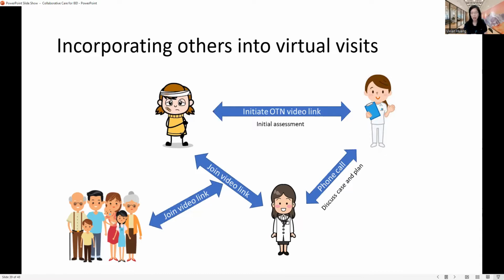So I can see perhaps in a year or two it would be the patient, maybe their family member who's supporting them, the local gastroenterologist or the internist who's managing their care, IBD nurse specialists, then the IBD specialist from one of those hubs, and potentially other people involved in their care, and have a full video conference so everybody can collaborate.